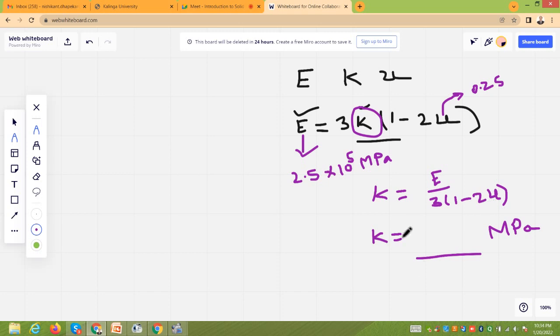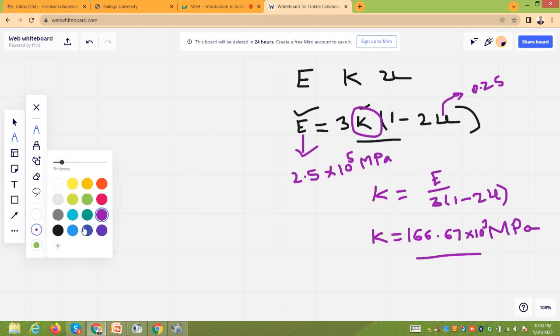Can anyone tell me? Sir, 1.6 into 10 to the power 5. Okay, it means 166.67, with 6 repeating, into 10 to the power 3 megapascal.